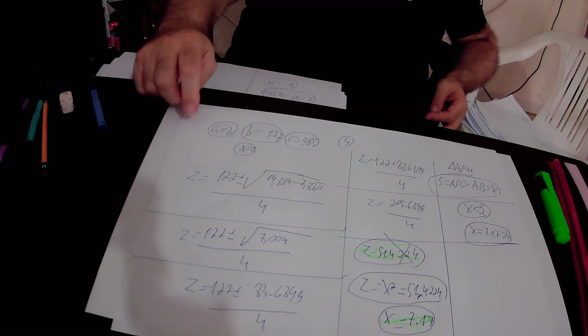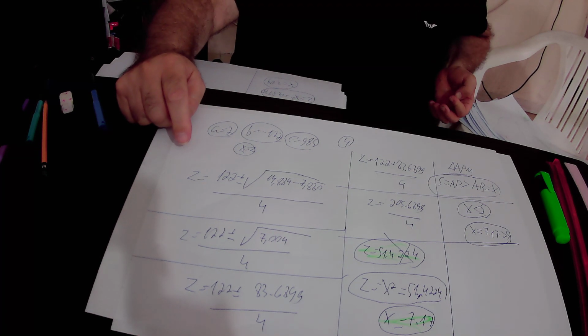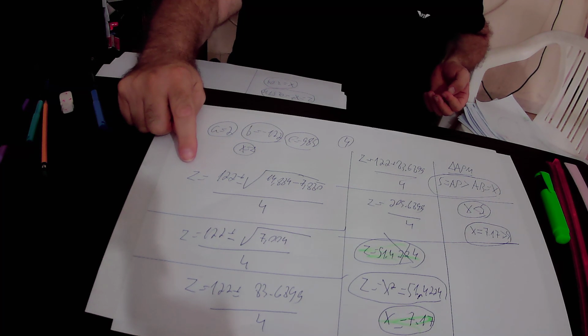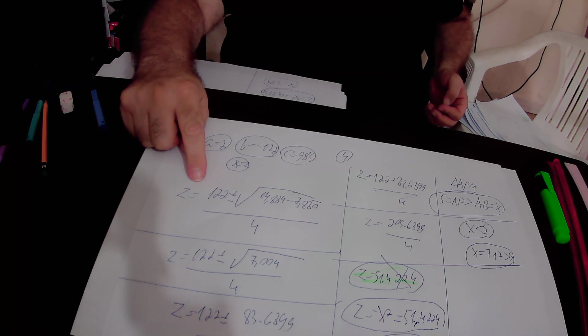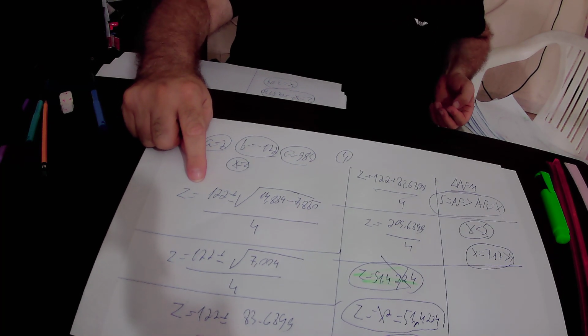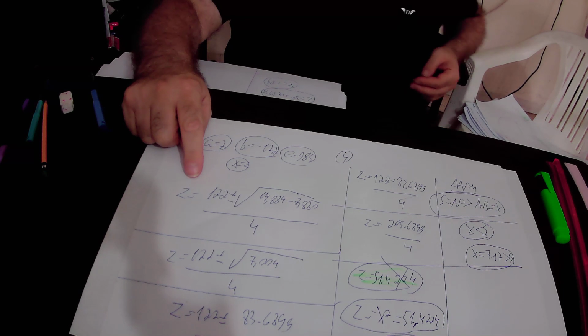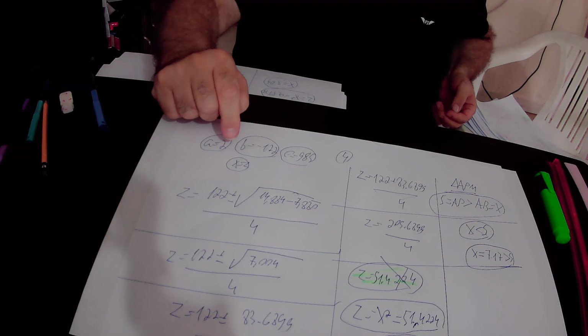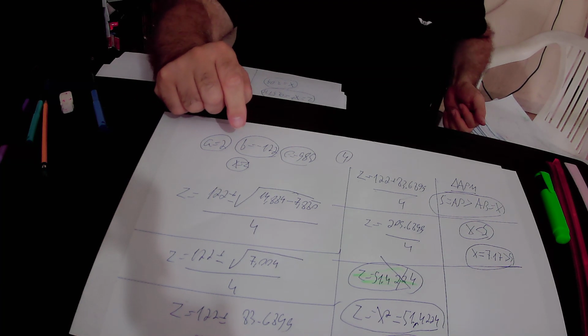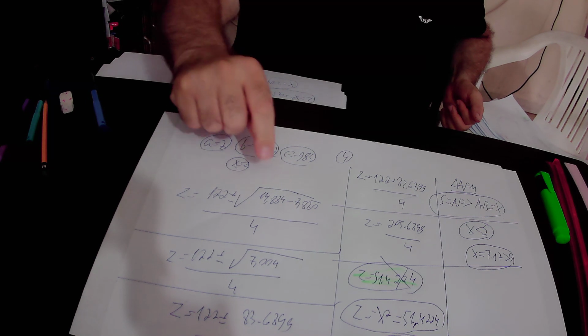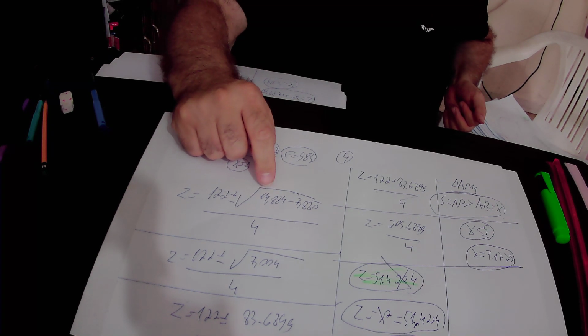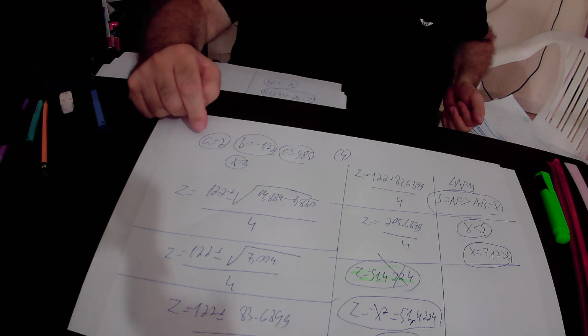So we put the data inside the equation and we got that z equals minus b. B is equal to minus 122, therefore minus b is minus 122, that is plus 122, plus minus square root of b squared. B is minus 122, therefore b squared is minus 122 squared, that is 14,884, minus 4 times a.